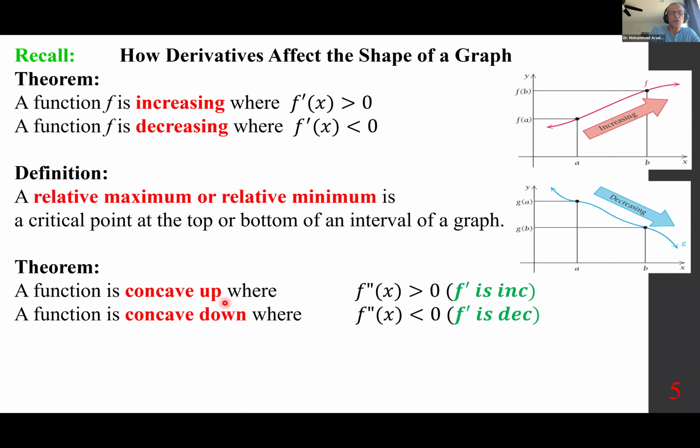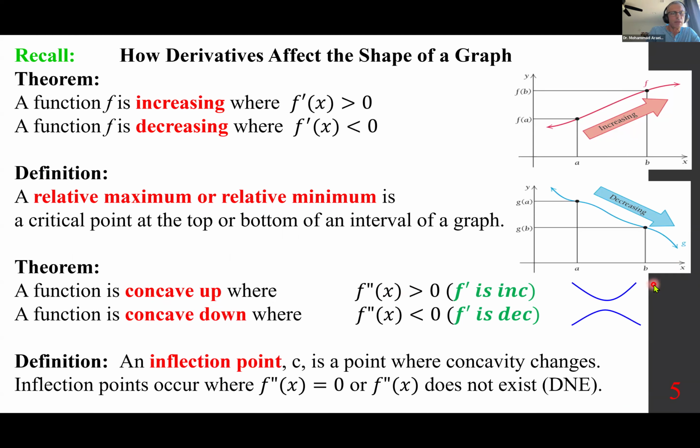A function is concave up where f double prime is positive and concave down where f double prime is negative. Concave up, concave down. An inflection point, short IP, is a point where concavity changes. Inflection points occur where f double prime is 0 or f double prime does not exist. So the change occurs.